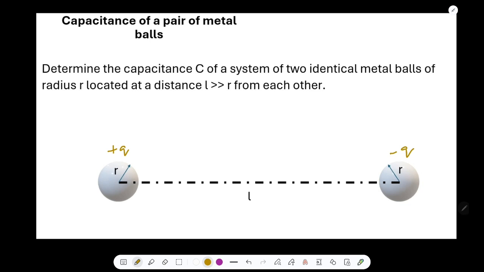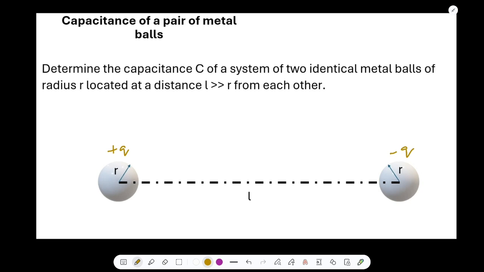Since the balls are located at a large distance from each other, we can neglect the redistribution of charges on the balls due to electrostatic induction and assume that the charge is uniformly distributed over the surfaces of the balls.